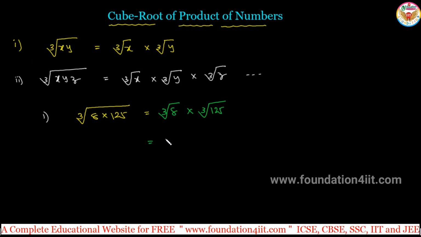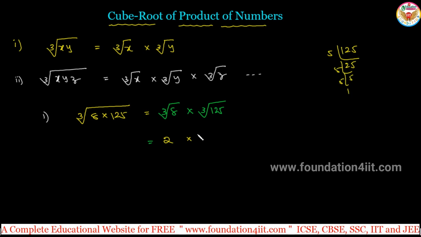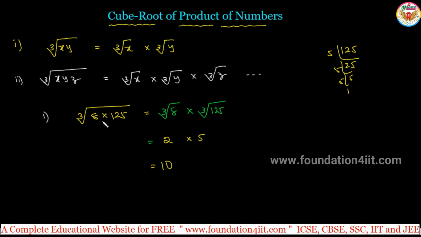Cube root of 8 is 2, we did that previously, and for cube root of 125 you can do it directly or else do prime factorization and check. 125 is 5 into 5 into 5, 5 three times, so it is 5. 2 into 2 into 2 is 8, so cube root of 8 is 2. 2 into 5 is 10. Cube root of 8 into 125 is 10.